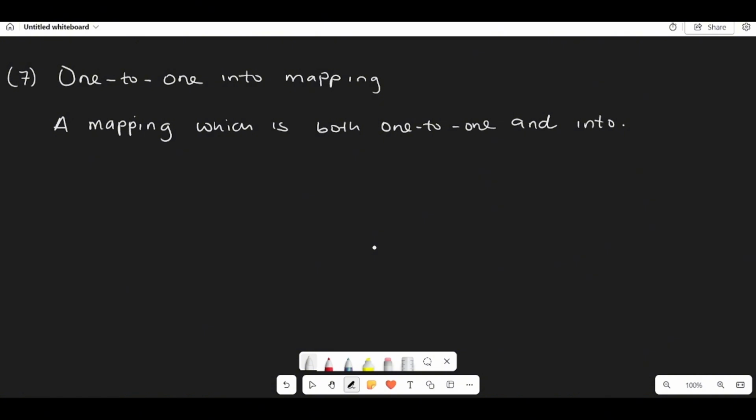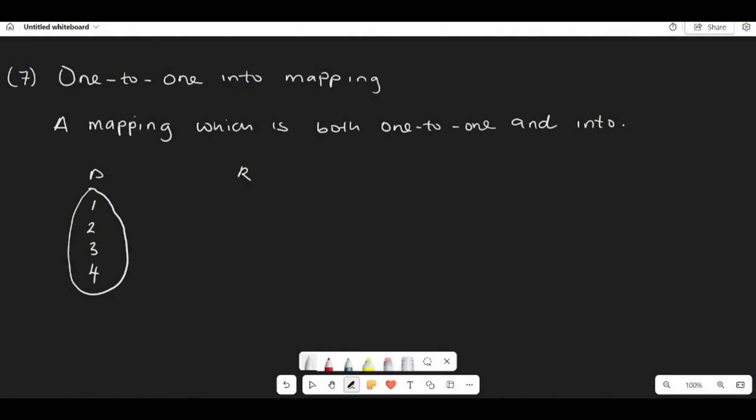One-to-one into mapping, a mapping which is both one-to-one and into. Let us consider this example. Our domain here is 1, 2, 3, 4.